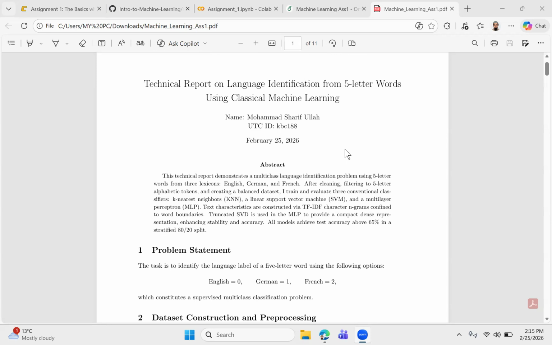I am going to describe the first technical report of assignment 1, which is language identification from 5-letter words using classical machine learning.